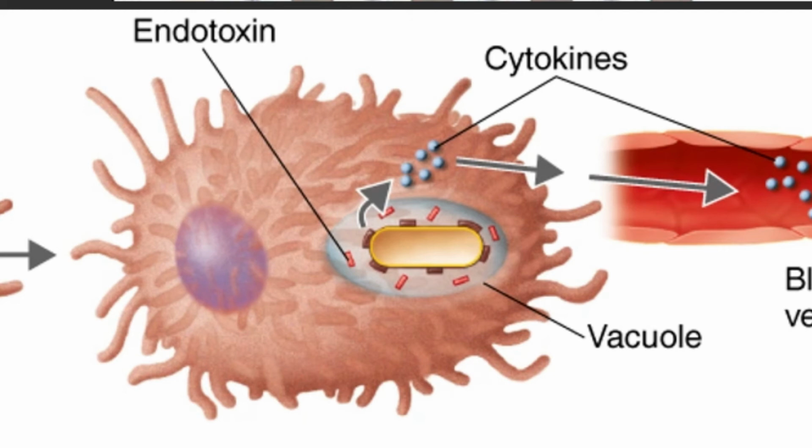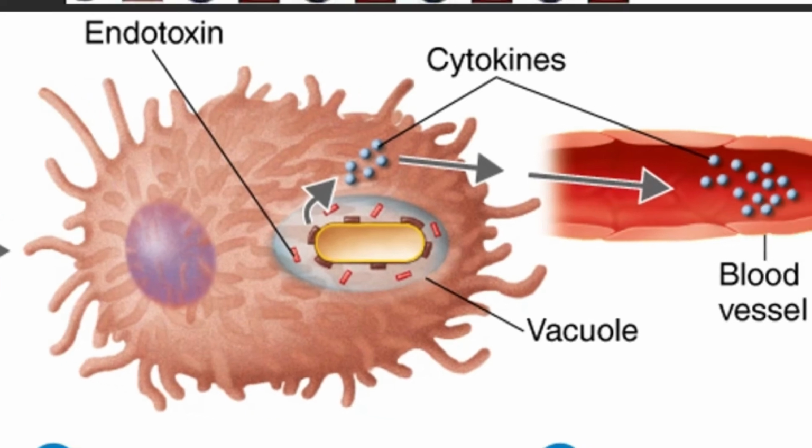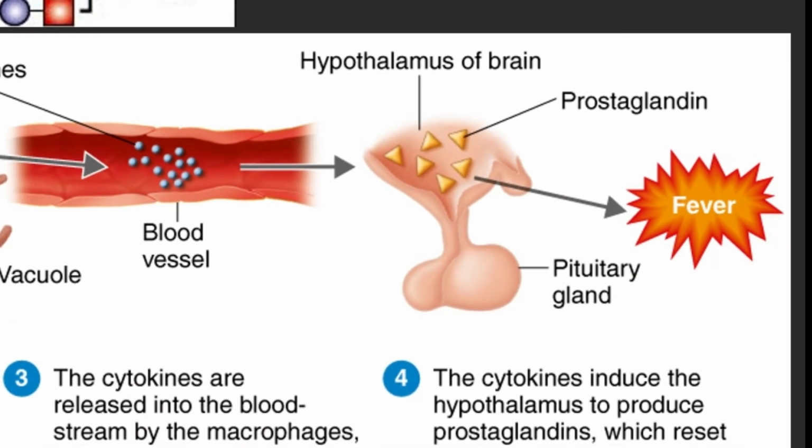And once those endotoxins are liberated, they cause the cell to release a chemical messenger called a cytokine, which moves through the blood vessel into the brain and causes the hypothalamus to produce prostaglandin, which causes fever.